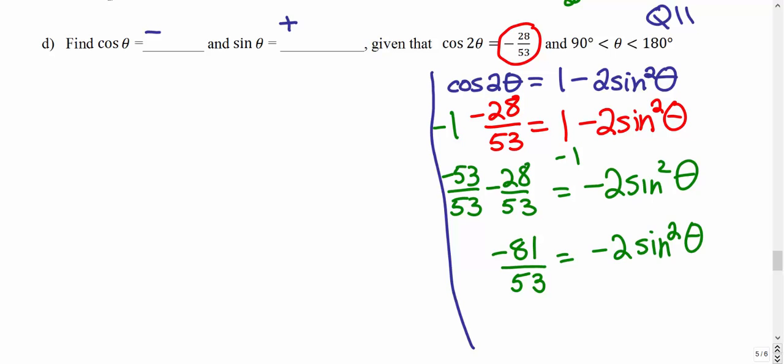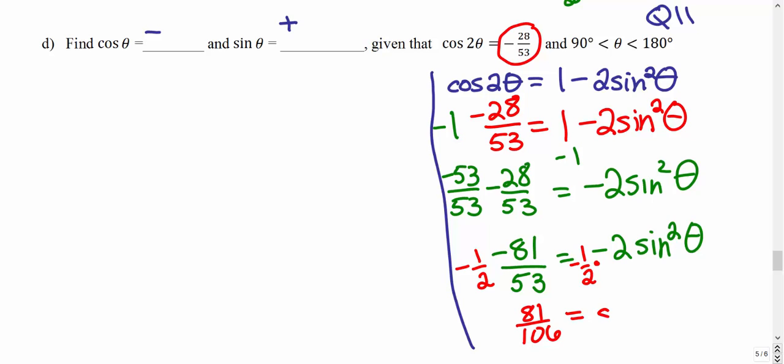We need to get rid of the negative 2. We can either divide both sides by negative 2, or we can multiply by the reciprocal. I'm going to choose to multiply both sides by negative 1/2. So multiplying across, negative times a negative, I get a positive 106. So positive 81 divided by 106.